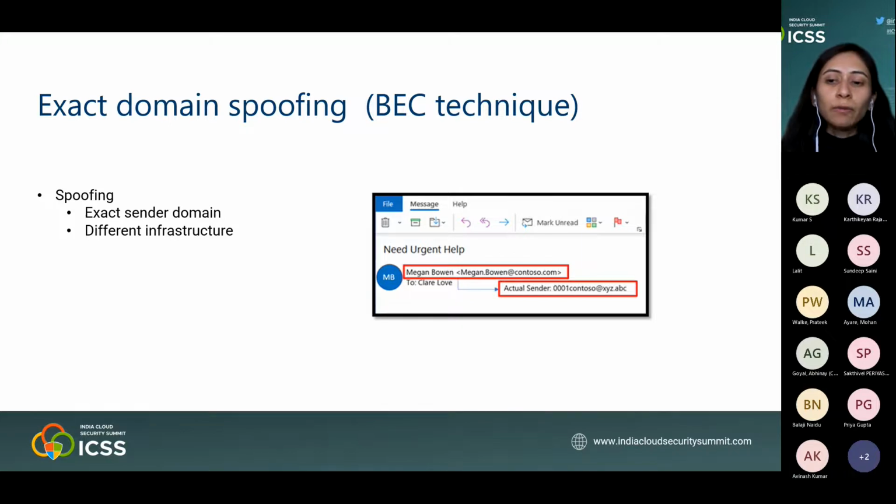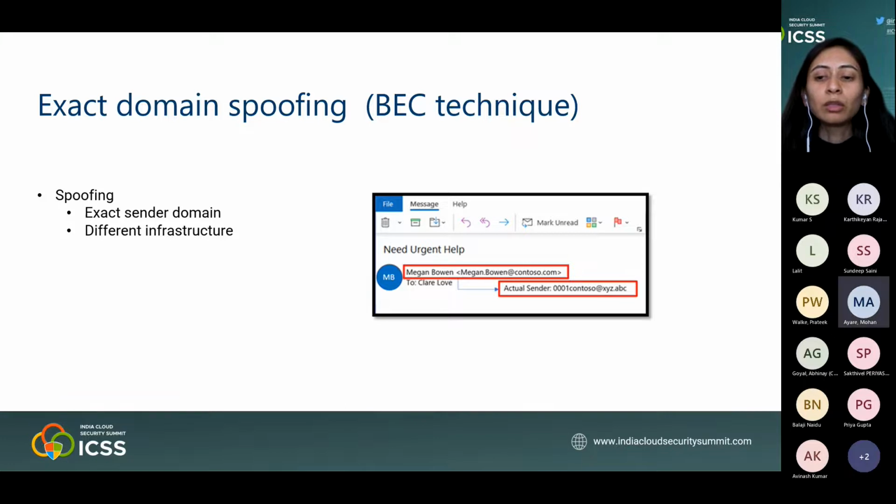Exact domain spoofing is a technique where the attacker forges the domain to look exactly like the domain of the victim's organization or a domain of their business partner. And since these are exactly the same, they make for a more convincing attack. Email protocols rely on email authentication standards. You might be aware of these, such as SPF, DKIM, DMARC, to enable domain users to authenticate their mails.